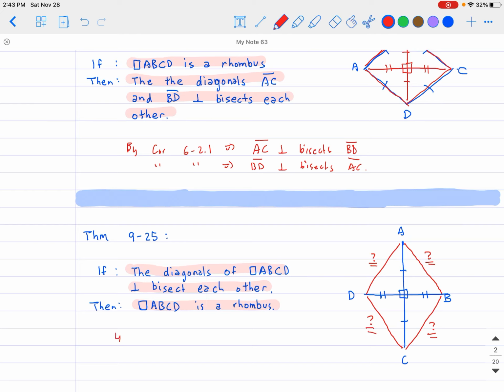Okay, so 4 triangles are congruent by SAS and then by CPCTC, we can say that AD is equal to AB is equal to DC, which is equal to CB. And then by the definition of rhombus, we can say that ABCD is a rhombus, because all sides are congruent.